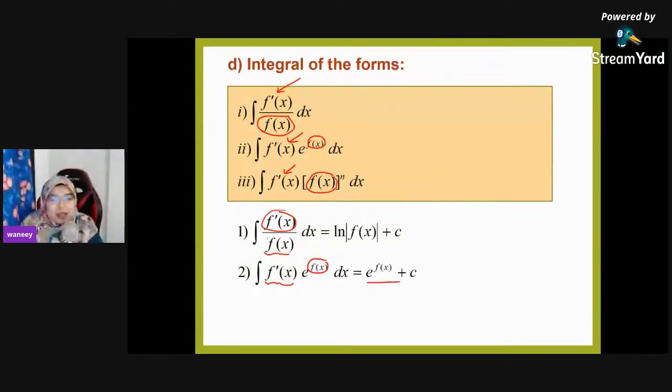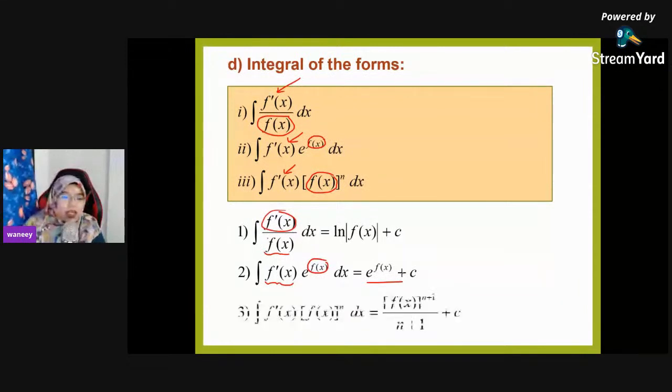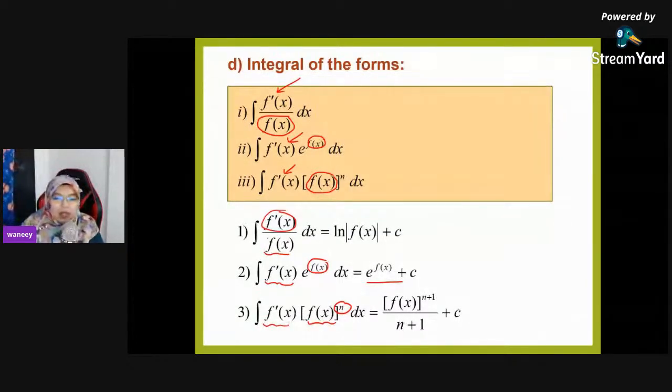So we can easily use this formula. And then another one, you have a function with a power. This time dia bukan linear, but when you differentiate this function, you get its derivative in front. Then we can use this formula.